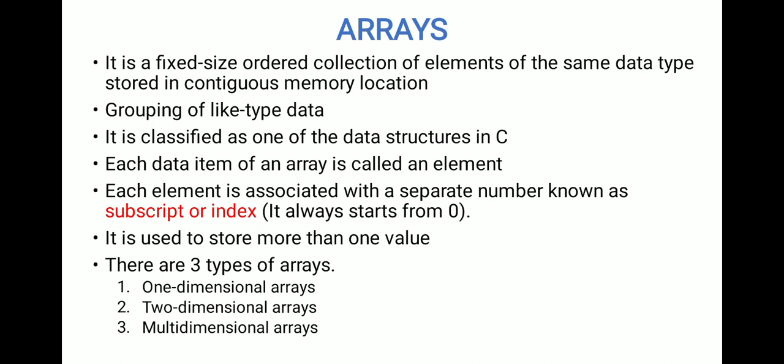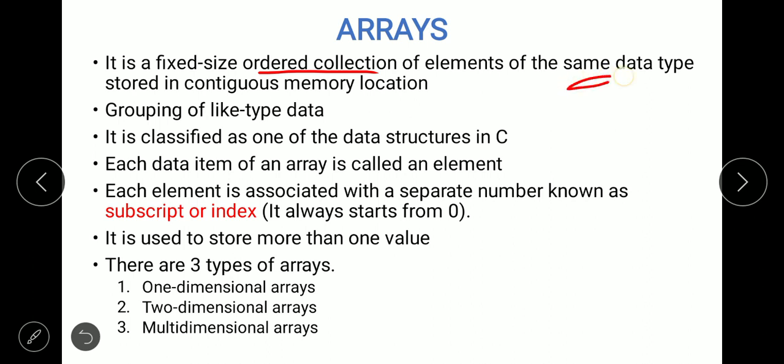An array is defined as a fixed size ordered collection of elements of the same data type. Please observe the definition: it is a fixed size ordered collection of elements of the same data type. The data type should be the same.